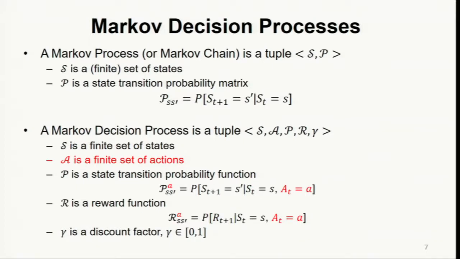Previously, when we talked about DTMC or the jump matrix in continuous time Markov chain, we only had a transition probability matrix. We didn't have any action. And then here we add action. If you have action, then you need to choose the proper action, the optimal action.